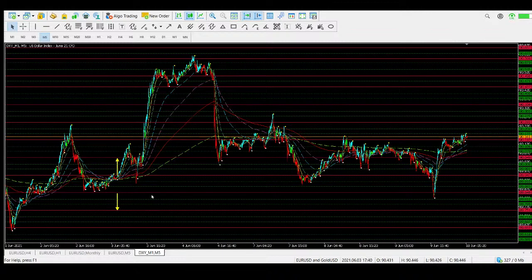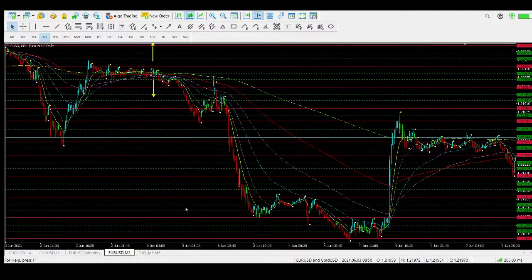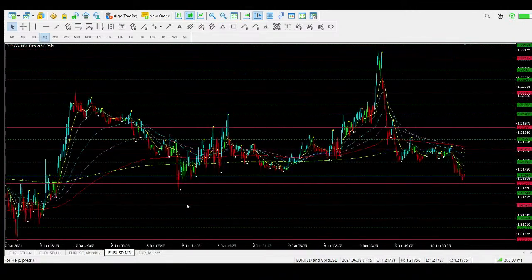So as the US dollar surges, expect the euro to get smashed. That's exactly what happened. Now the current euro is heading down. Next support is around 121, 122.